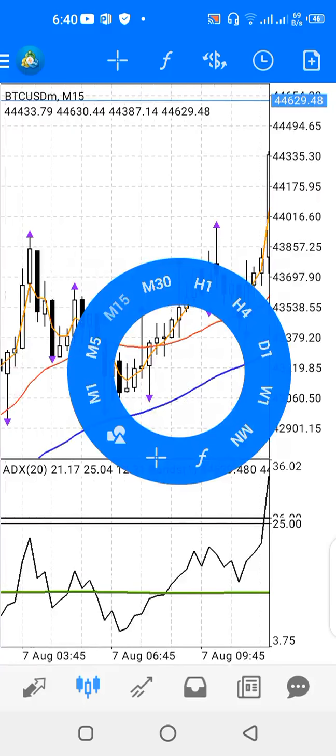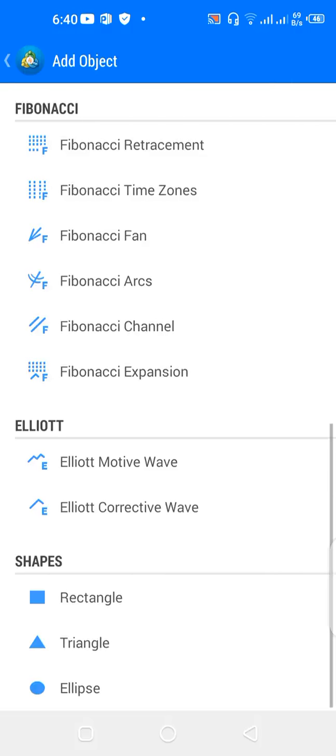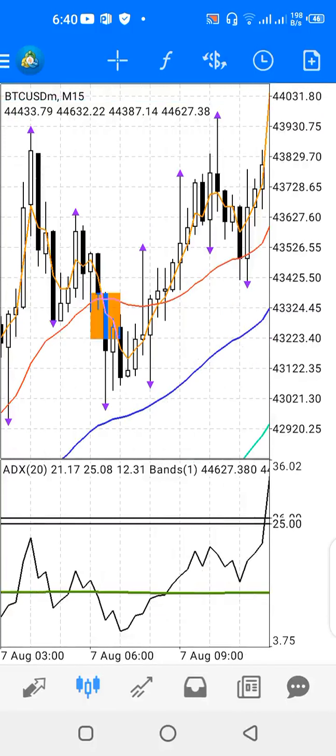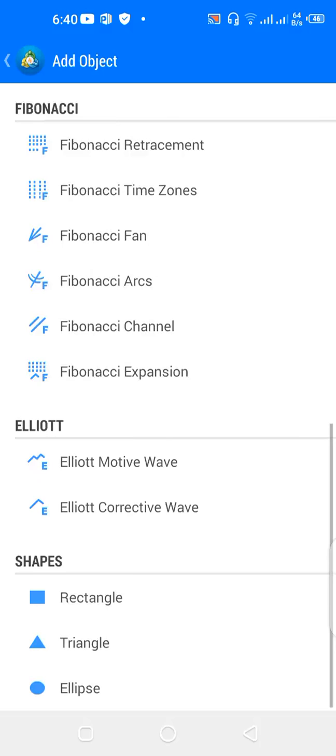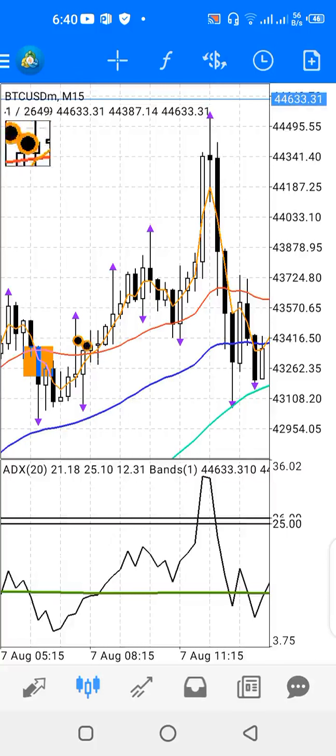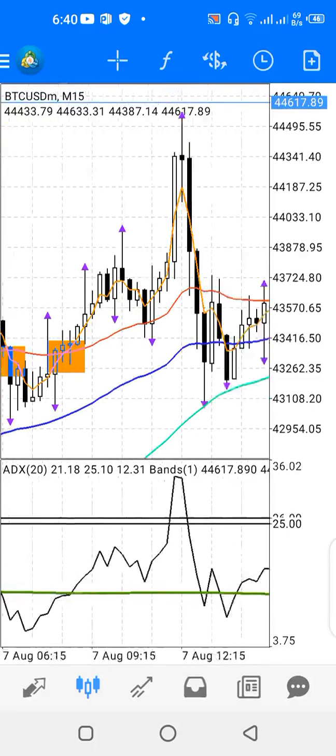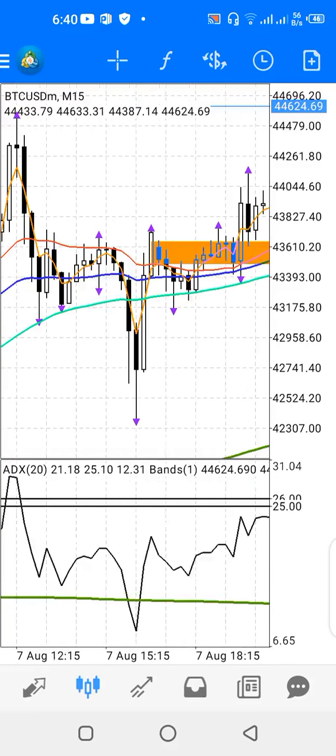So price dipped around here, you apply caution, and then you have price coming out, floating and then closing above the red line somewhere around there. So that's a good place for you to buy.